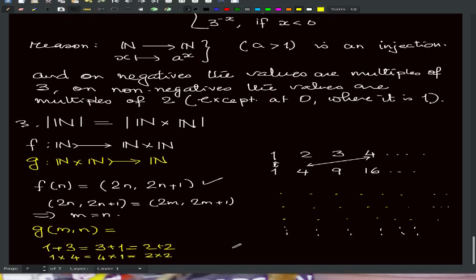2 to the power mn. Good. 2 to the power m, and then if you take just this, then the problem is, since there is no n business, G of m, if you fix n, this is equal to G of m, n 2 and so on.